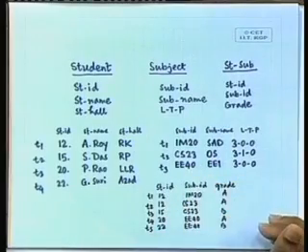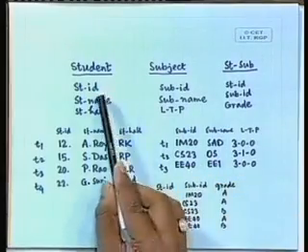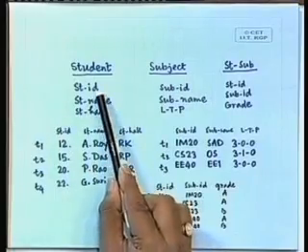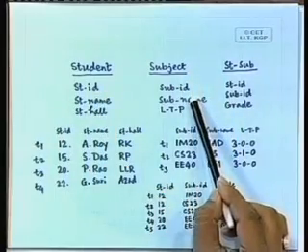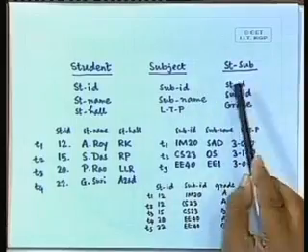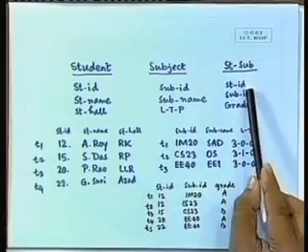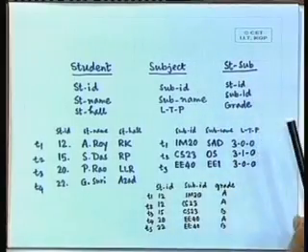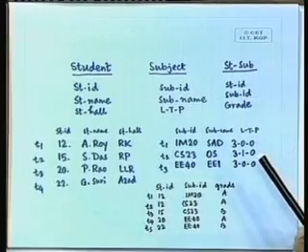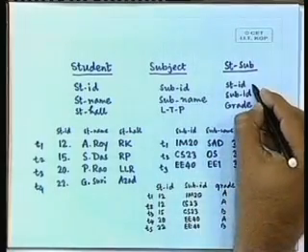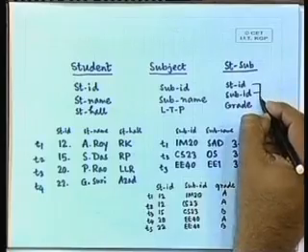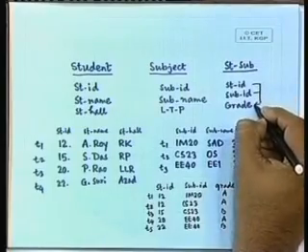So from a primary key point of view, the student ID is the primary key of the student table, the subject ID is the primary key of the subject table, and for the st sub the student ID and subject ID together are the primary key, right. Now in this context I have also told you about the foreign key concept.